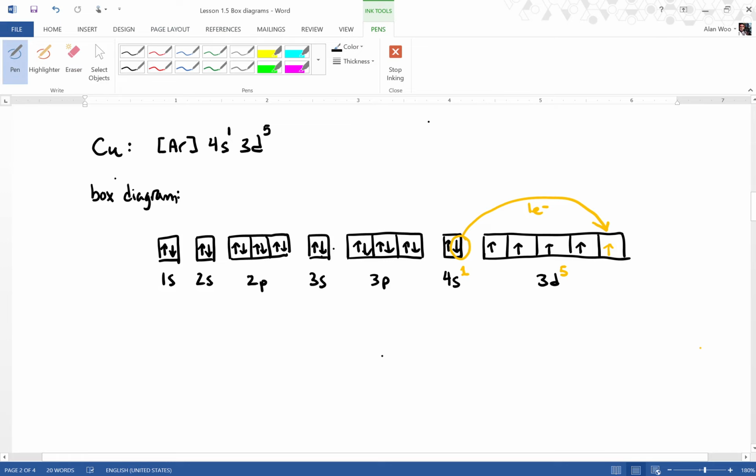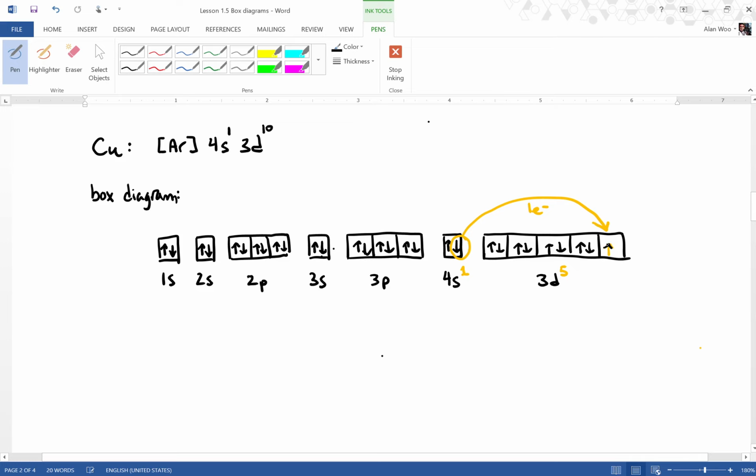Oh, sorry, no, that was right. What am I talking about? I'm just not finished, is all. Copper is 4s1 3d10. I just needed to put the other electrons in here before I promote. That was my mistake.